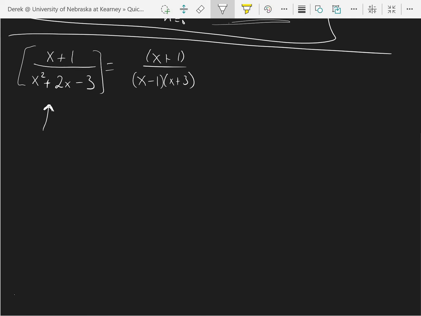So we're going to go about this in a little bit more clever fashion to try and find a Taylor series for this rational function. And what we're going to do is we're going to factor it, and we're going to use partial fraction decomposition.